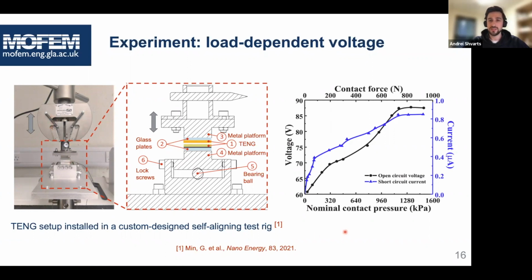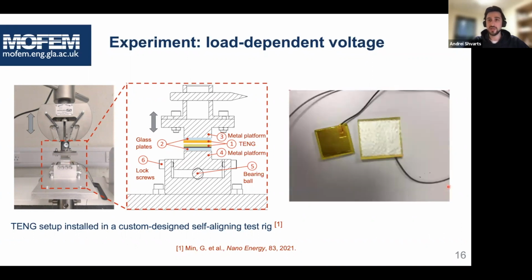And what they noticed is that both voltage and the current depend on the load applied. The more load you apply, the more voltage you get. And the reason for that is, of course, the roughness of the surfaces of those tribolayers. You can even see with the naked eye some 3D printed roughness on the surface of one of those layers.